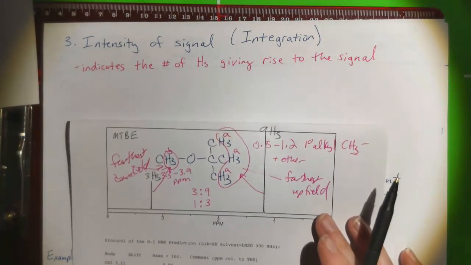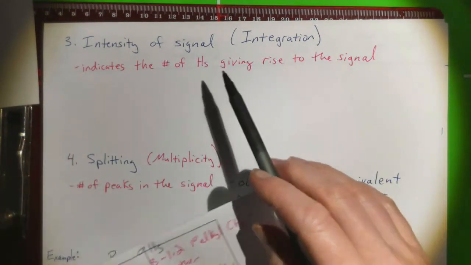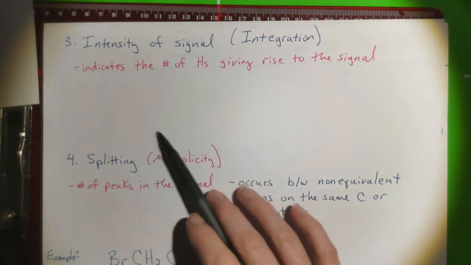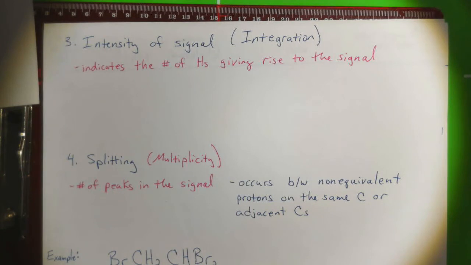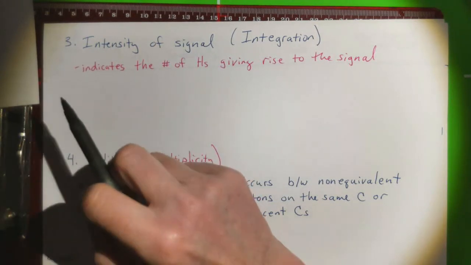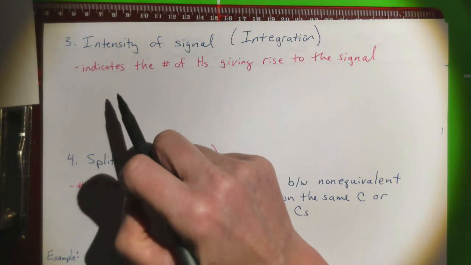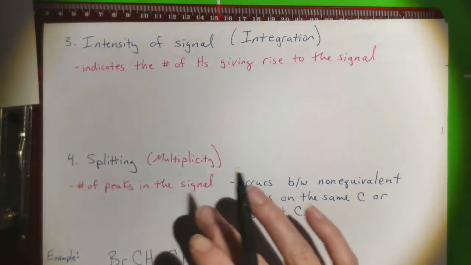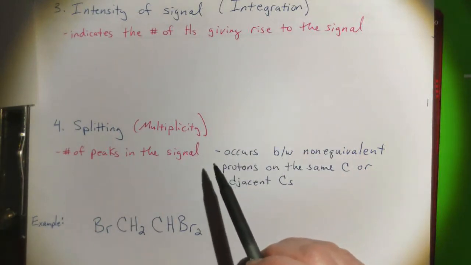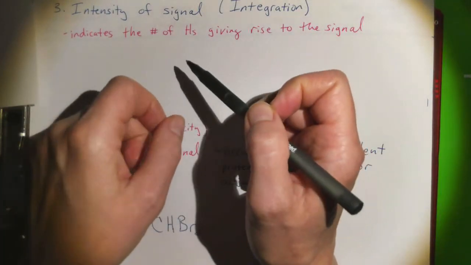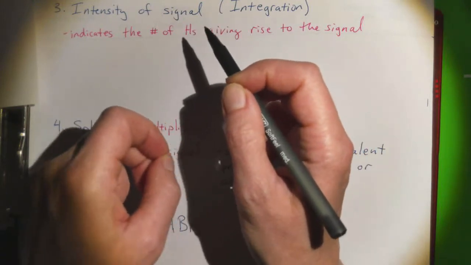Usually you'll notice that I don't focus much on the intensity of the signal or the integration. That's because honestly, when you take a proton NMR, you're having the computer do this for you. In the old days, we would bring rulers to our exams and measure out the heights of the peaks.